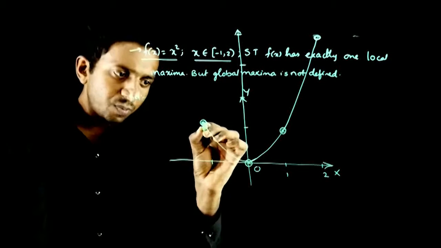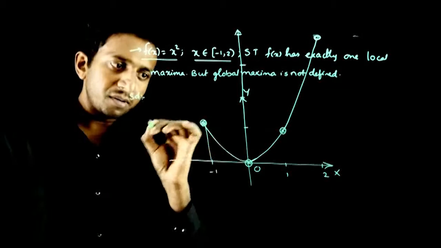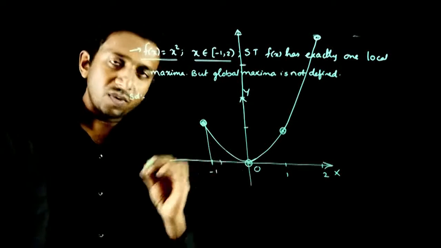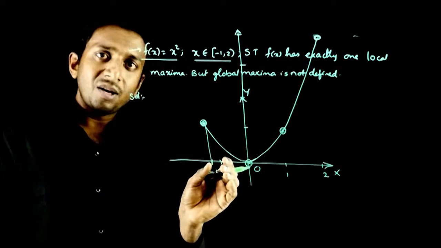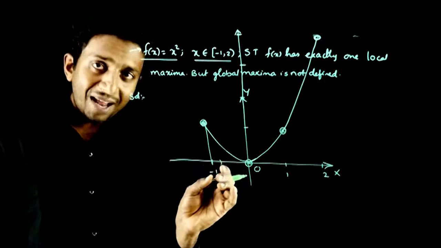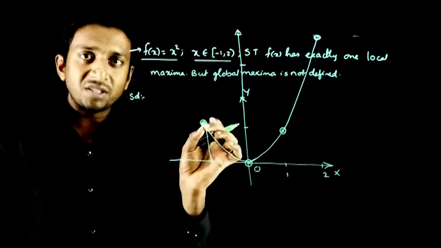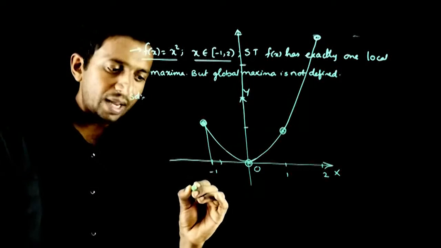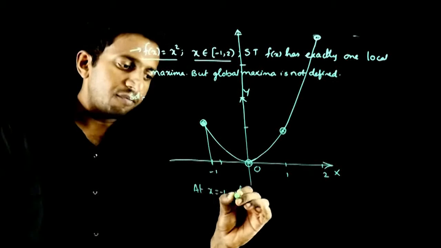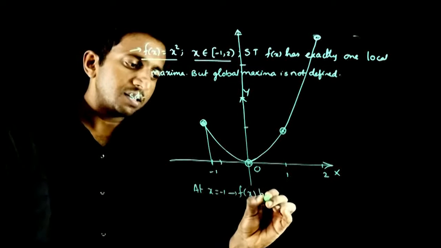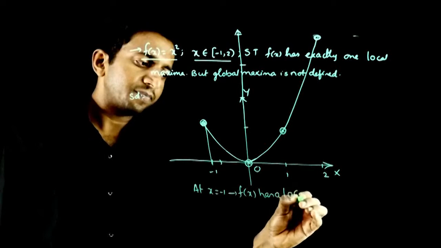So if you take this point, in the neighborhood of -1 का neighborhood में, if you see what is the value of x at which you have the maximum value, -1. So at x is equal to -1, f of x has a local maxima.